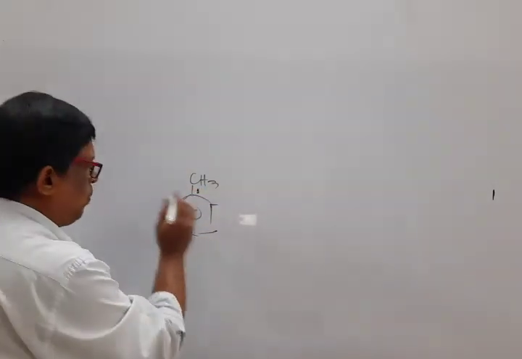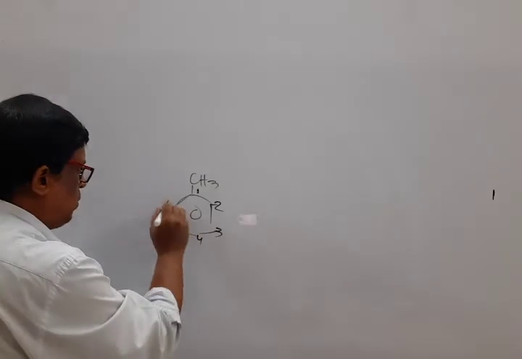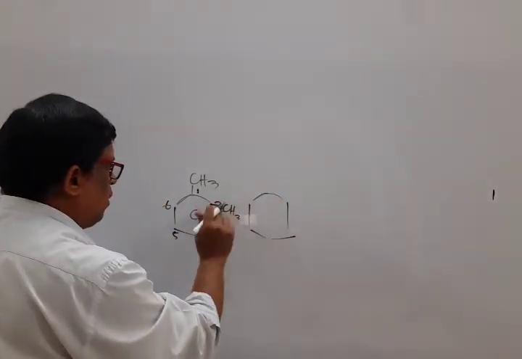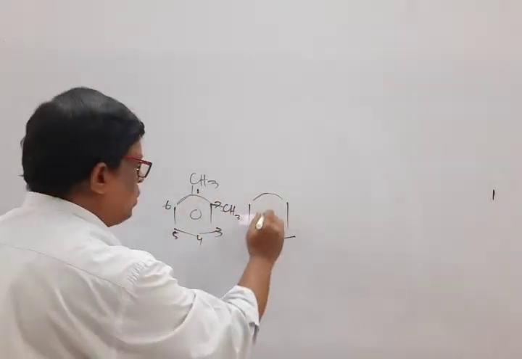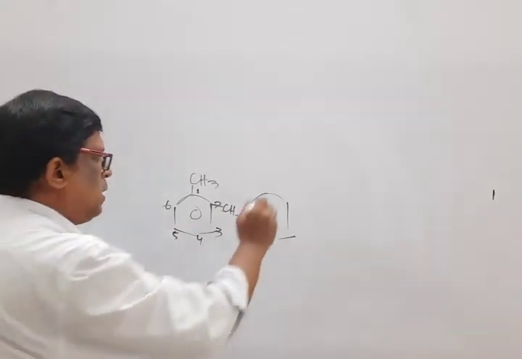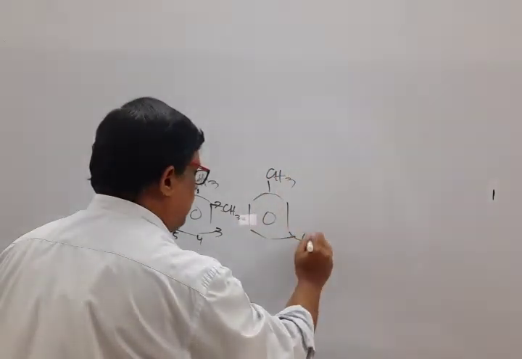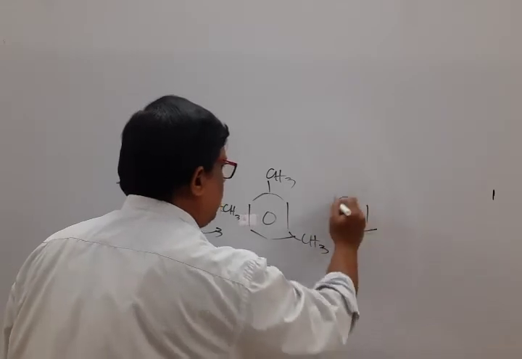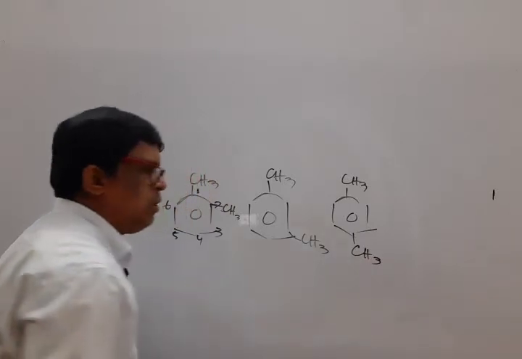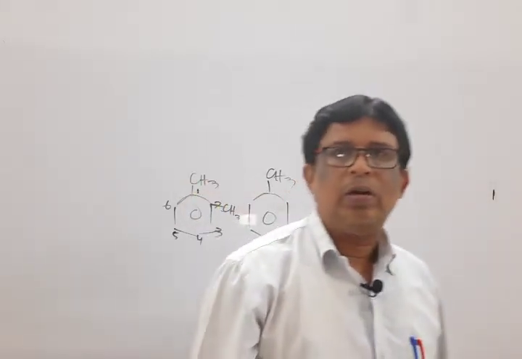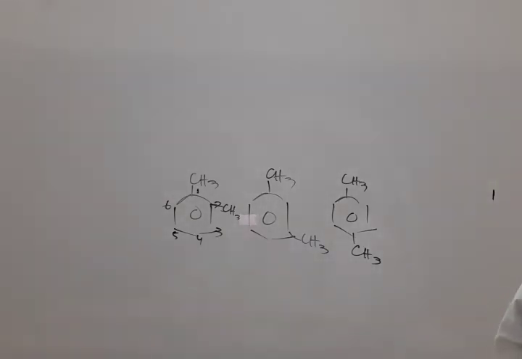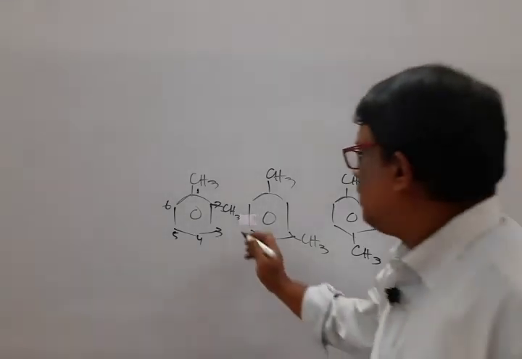If we number the benzene ring 2, 3, 4, 5, 6, and two substituents are attached, one at position 1 and one at position 2, it is known as 1,2-dimethyl benzene. If attached at the 3 position, it is 1,3-dimethyl benzene. Attached at the 4 position, it is 1,4-dimethyl benzene. In some cases common names also exist, known as xylene.